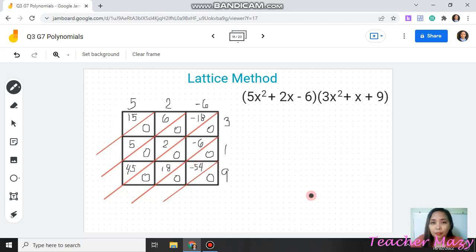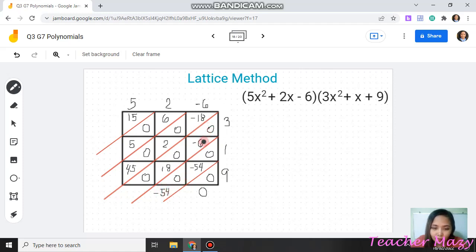So after multiplying, now we need to add the entries in each diagonal. Let's start from the bottom. This diagonal is 0. Next, 0, negative 54, and then 0, that is equal to negative 54.